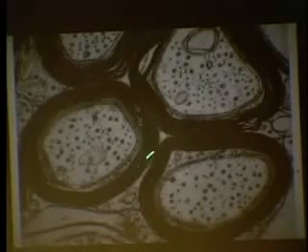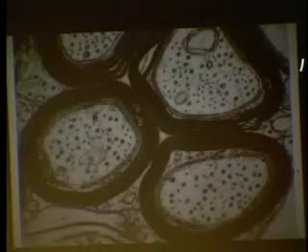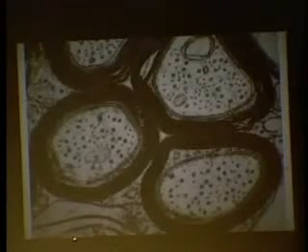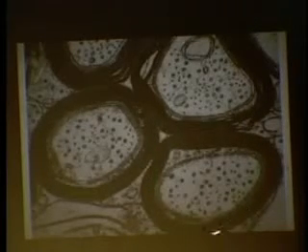So what makes layers around the nerve fibers? No. Myelin. These are the concentric rings of myelin.